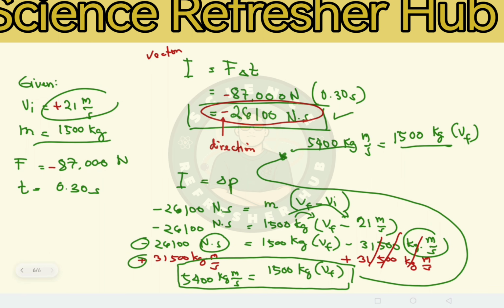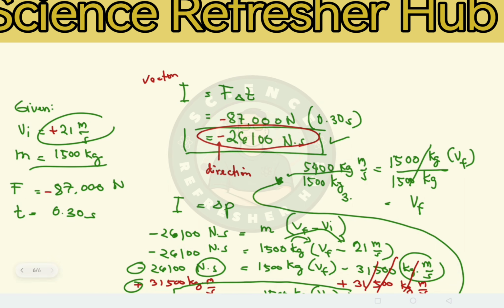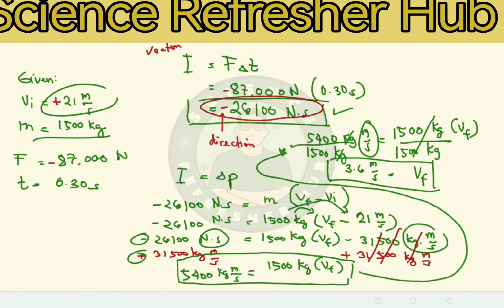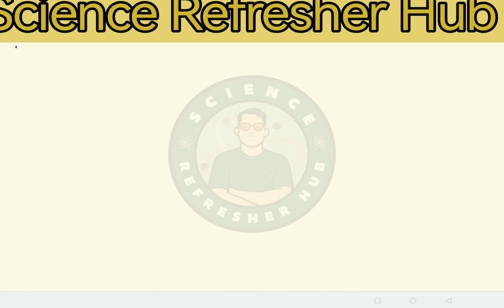In order to isolate VF, we need to divide both sides by 1,500 kilogram. 1,500 kilogram cancel, so our VF will be the quotient of 5,400 divided by 1,500. So the answer is 3.6 meter per second. So we have meter per second. This is the final velocity of the vehicle.